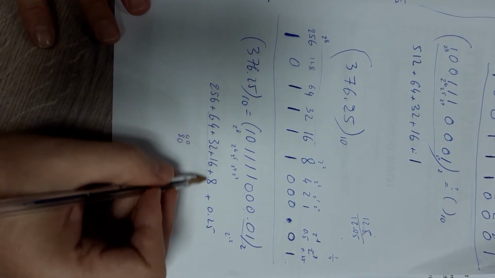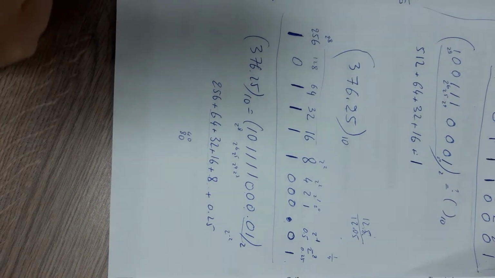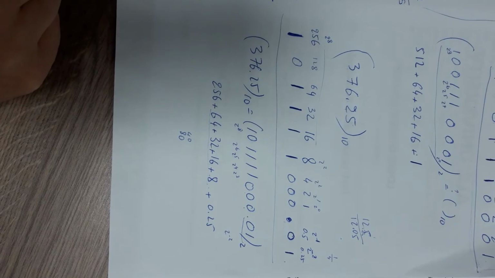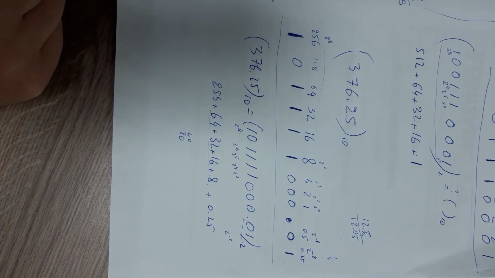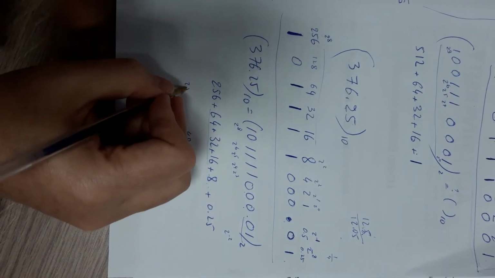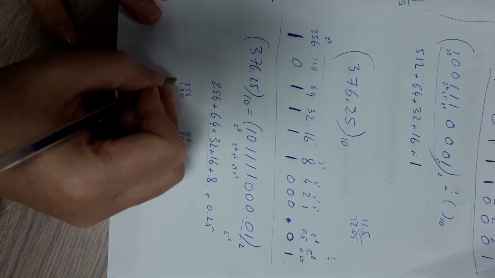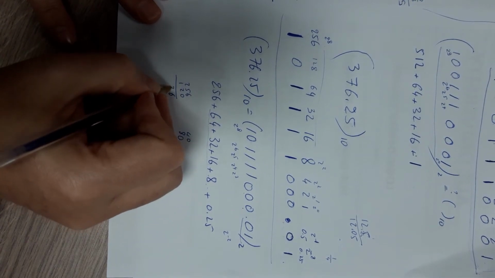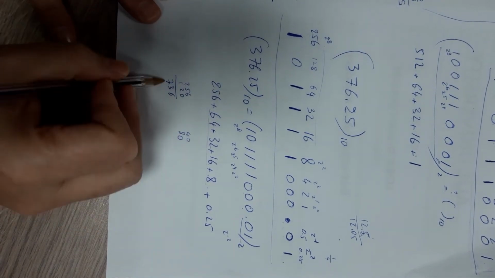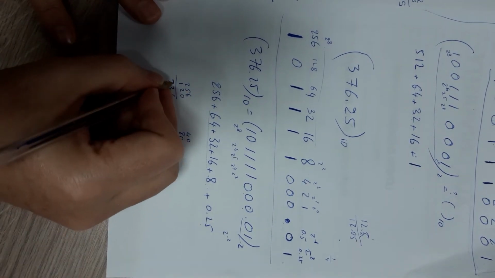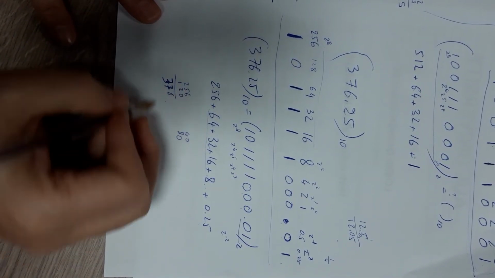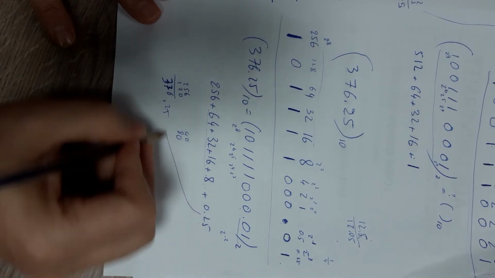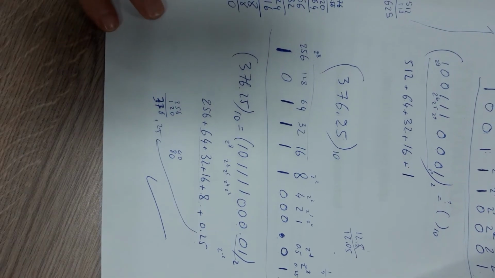So all of them together are exactly 120, okay? 120 and 256 is 376, and 0.25 from here, and your work is exact.